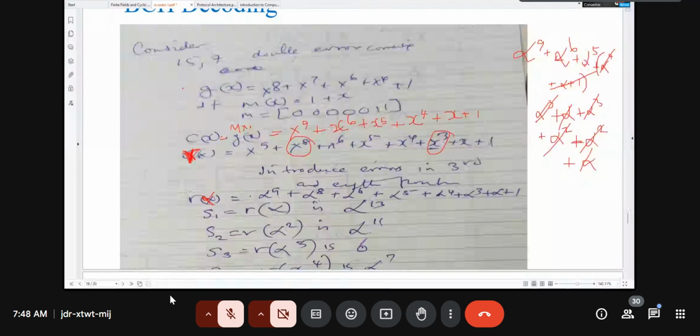Now, I did not do the calculations. I would like you in your free time to do the calculation. If you do alpha for this one, it will reduce to alpha to the 13.